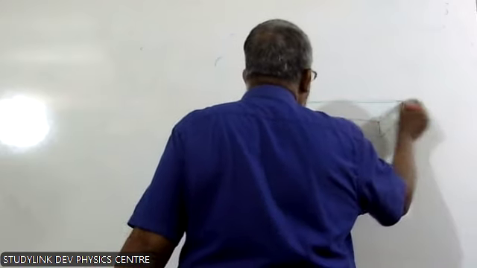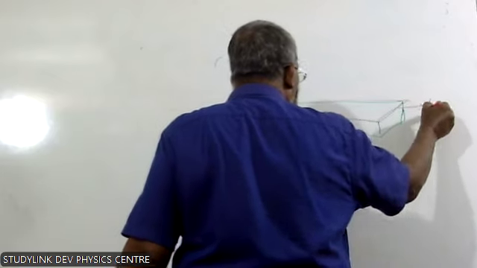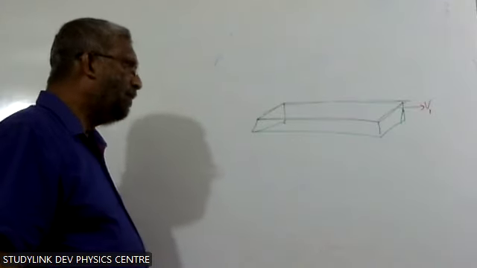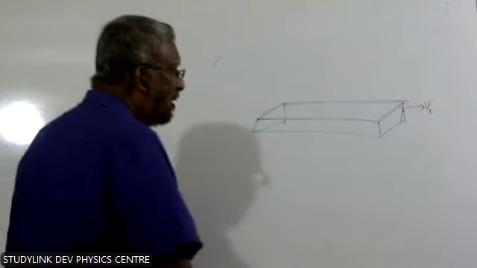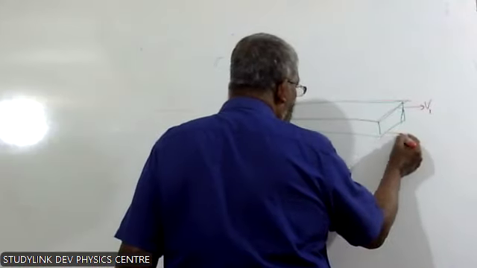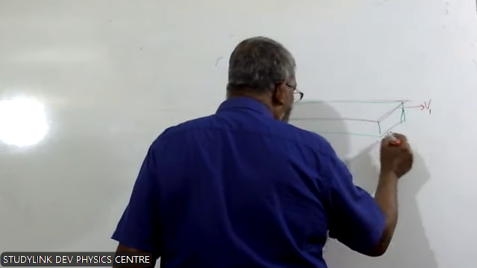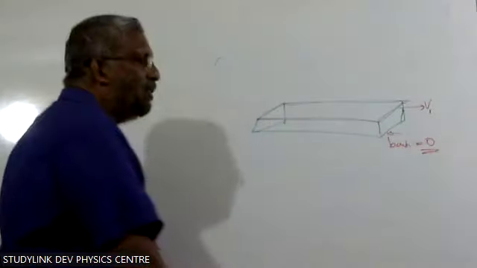And it is pulled with the velocity of V1 as shown in the diagram. This is on the horizontal. The bottom surface or bottom liquid layer velocity is 0. Why? It's not moving.